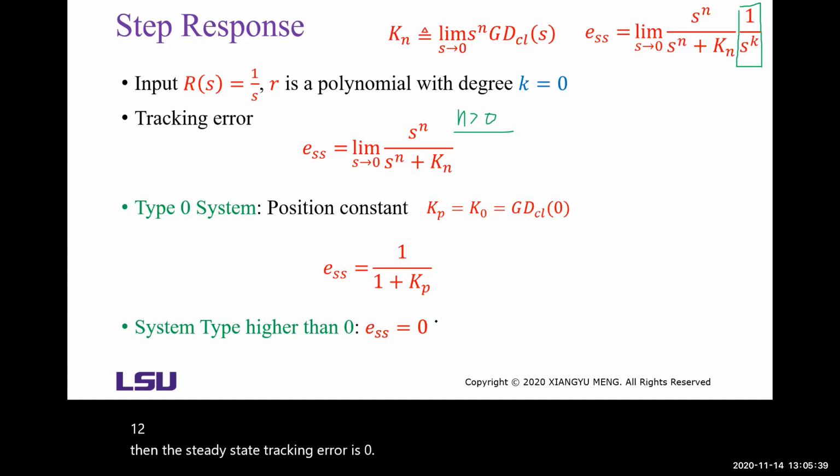In other words, if the reference input is a step signal, then type 0 can track the reference input with the steady-state tracking error 1 over 1 plus K_p. K_p is the position error constant. Then for system types 1, 2, and so on, when the input is the step signal, the tracking error is 0.